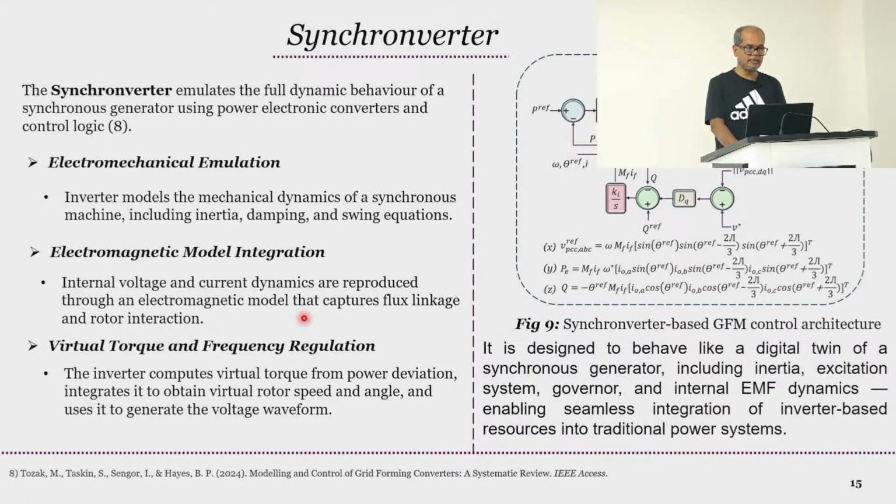To do that you have to go for a higher order model. The inverter computes virtual torque from power deviation, then integrates to obtain the virtual rotor speed and angle, and then uses it to generate the voltage waveform.